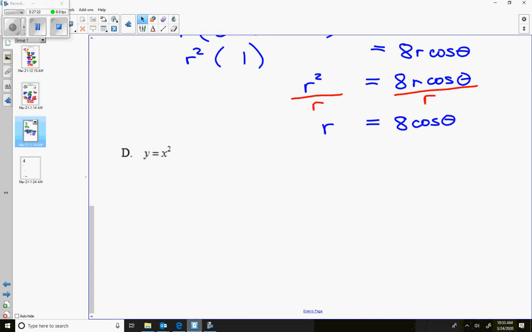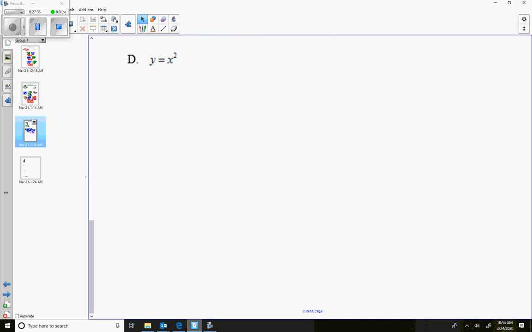So, a little bit of algebra, some factoring, knowing your trig identities. Several different things involved there. Alright, now the next one. Y equals x squared. R sine theta equals r cosine theta, and parentheses, the whole thing gets squared.